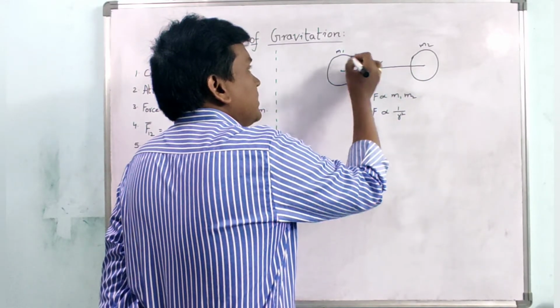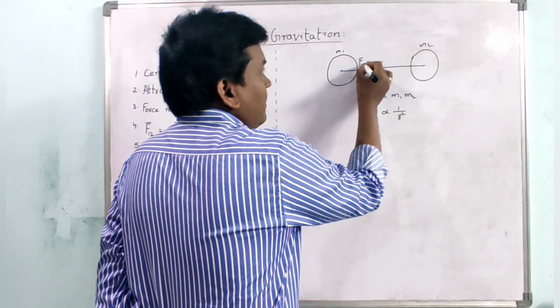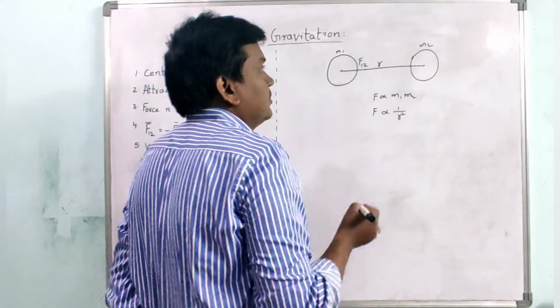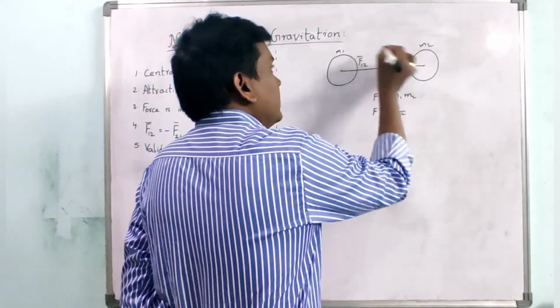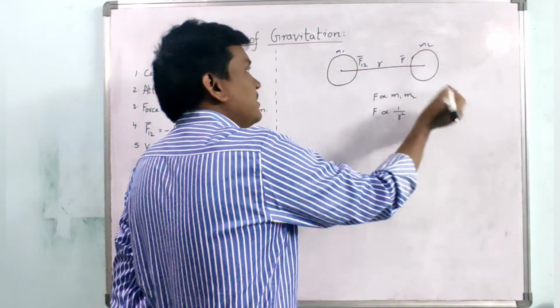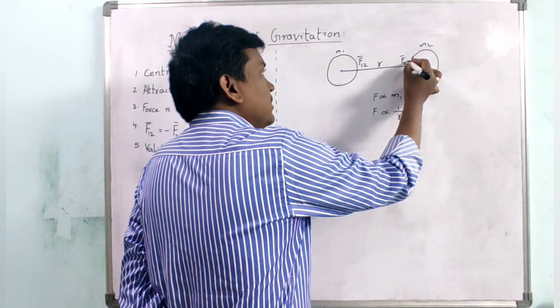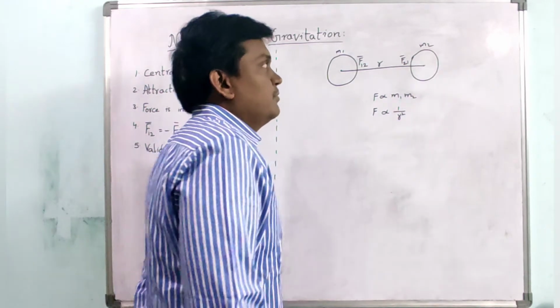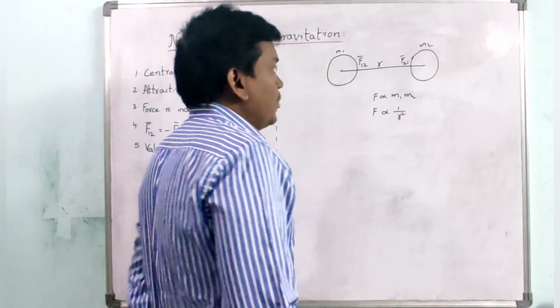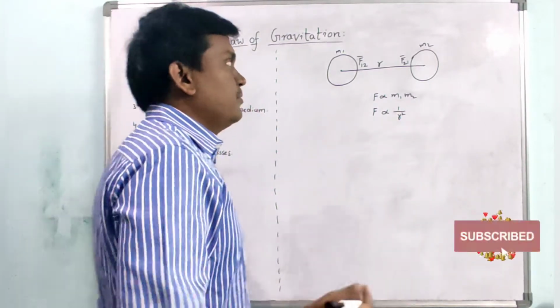The force exerted by mass 1 on mass 2 is force F12. In the same way, the second mass also will exert some force due to the first mass, F21. So these two masses exert equal and opposite forces.